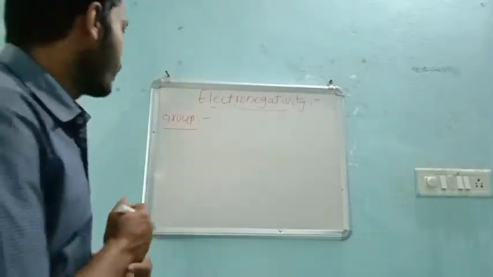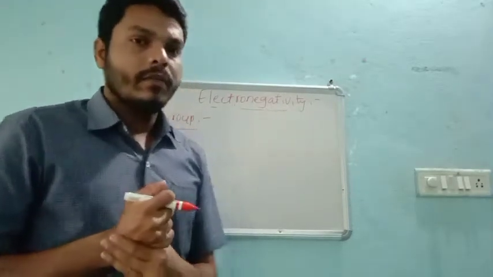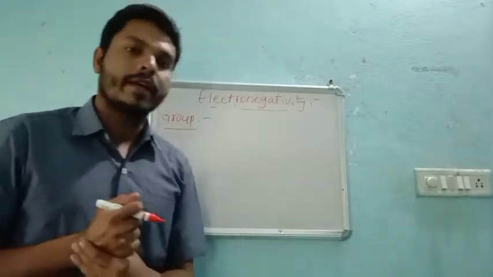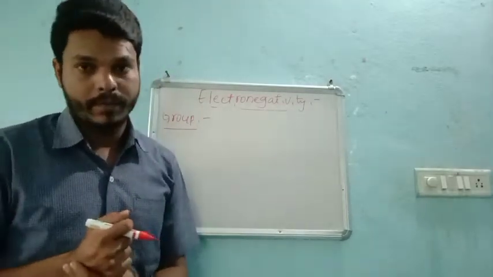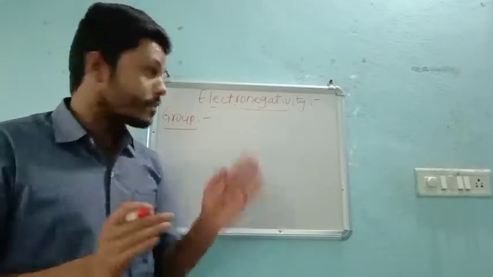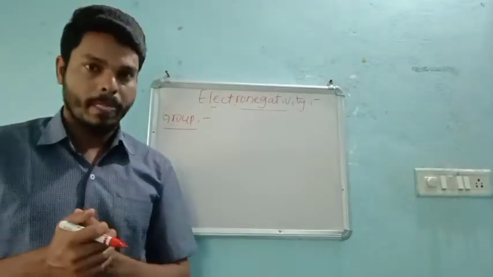So in a group, what was happening with the atomic radius? Definitely the atomic radius was increasing, right? I repeat again, atomic radius increases in a group.